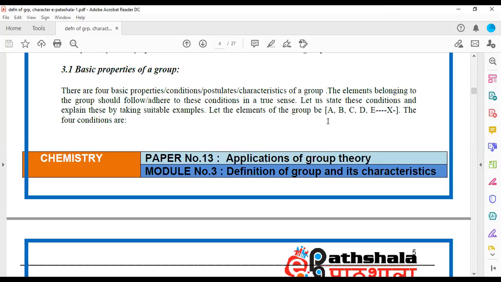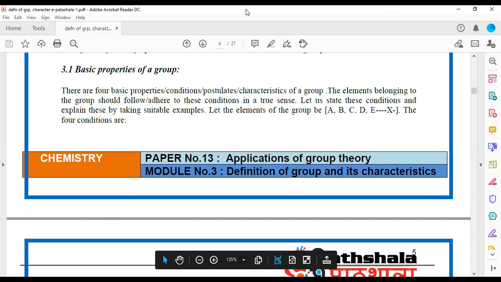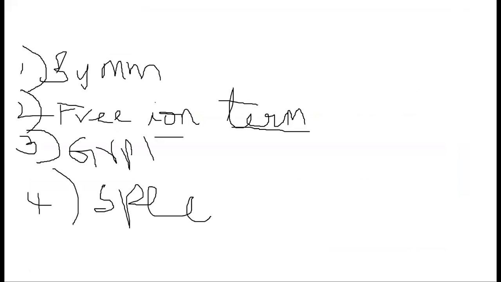Yeah, C2v point group, what are all the elements? Identity is there, right?